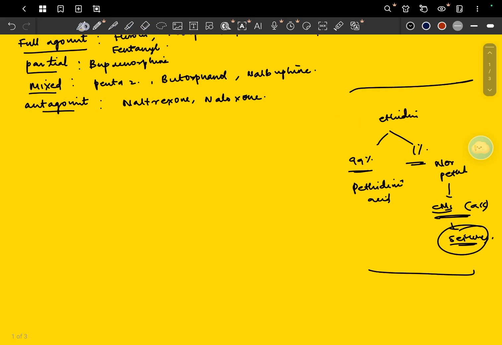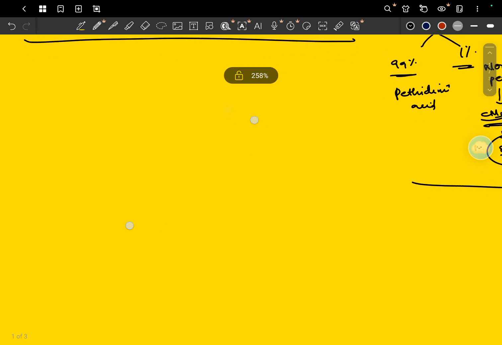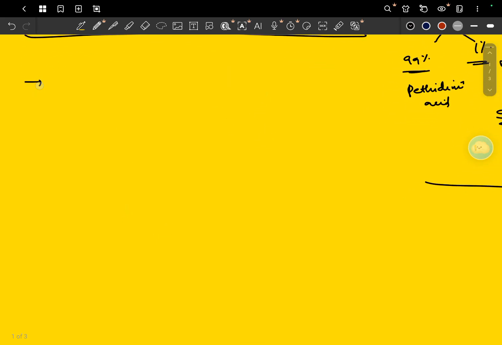Now, coming to those memorizing points which we have to know about opioids. Avoid opioids if there is a recent head trauma or injury, if there is biliary obstruction or colic, if there is asthma, if there is sphincter of Oddi dysfunction.